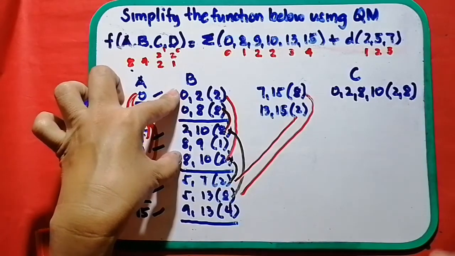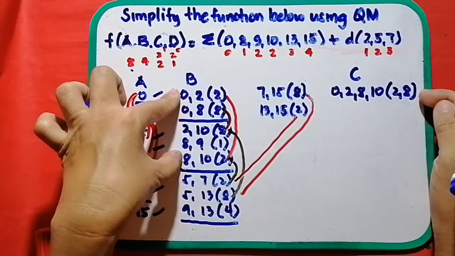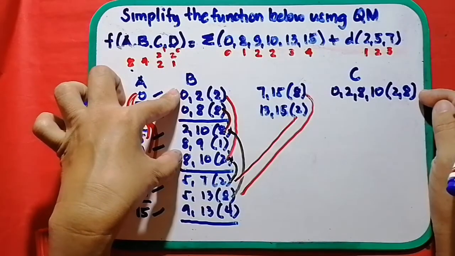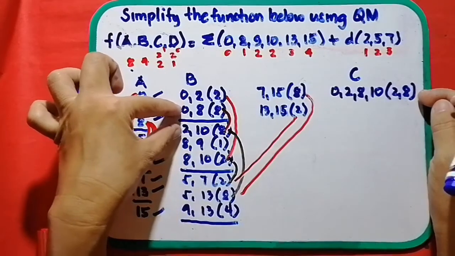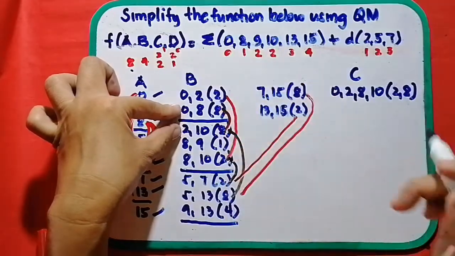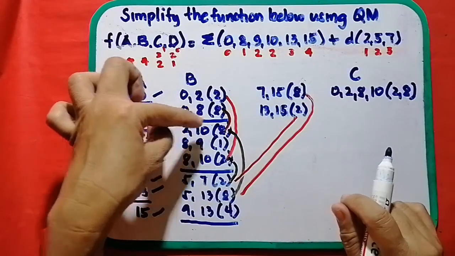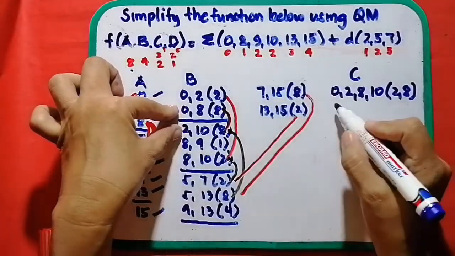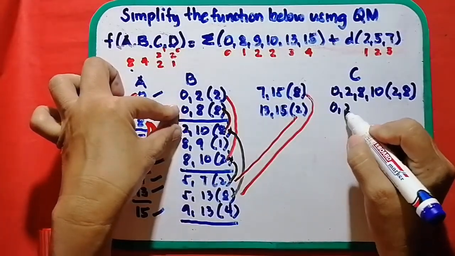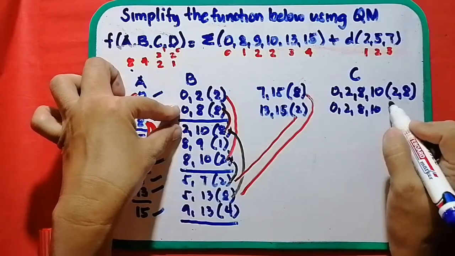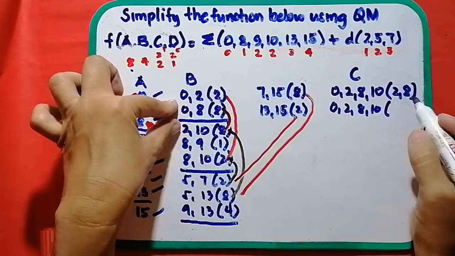Again, take note, you have to write them in ascending order. Next, with the 8 here, both 8. You would notice that it is written as 0, 8, 2, 10, and yet we have to write it in ascending order again. So, 0, 2, 8, 10. 0 minus 2 is 2, take note.